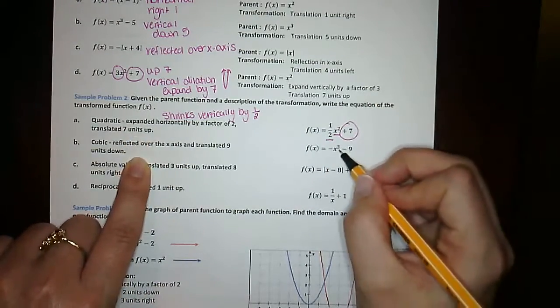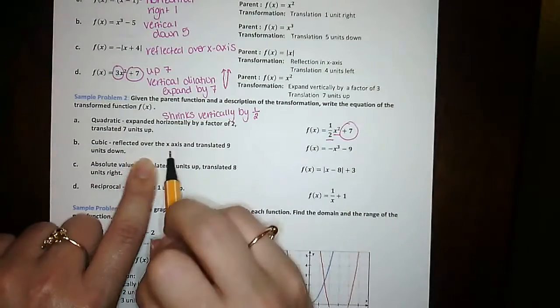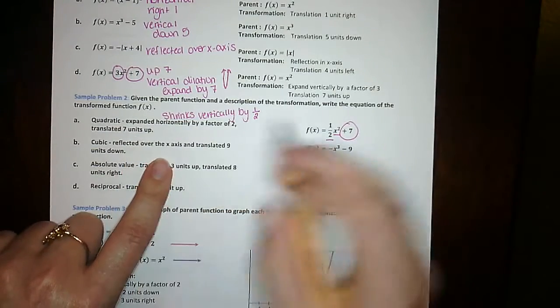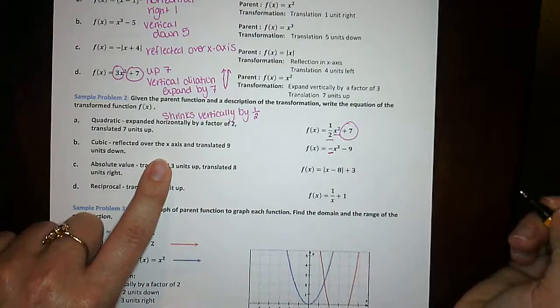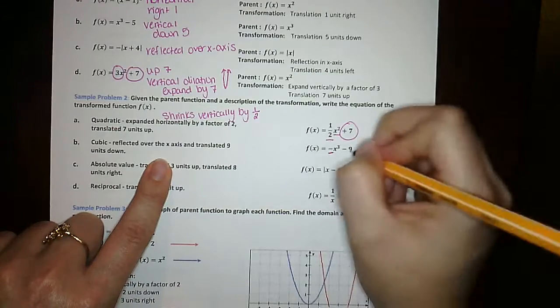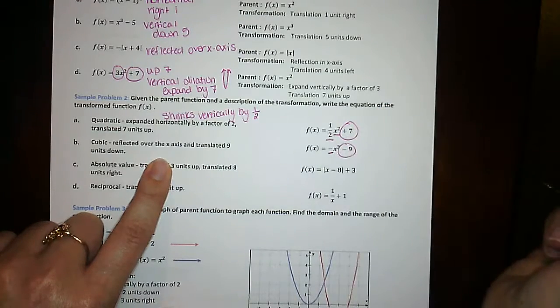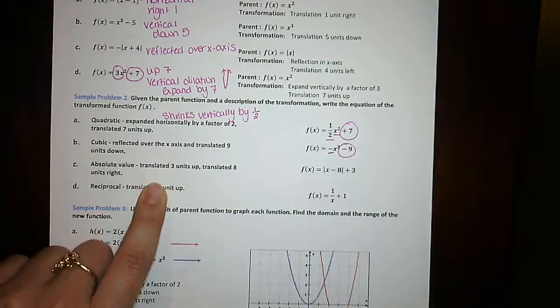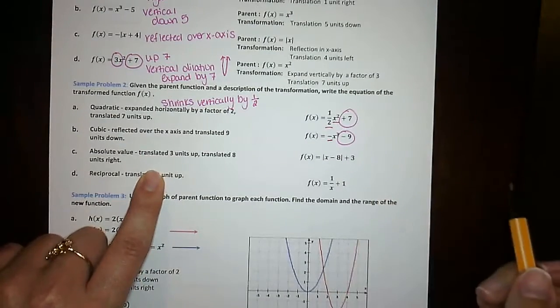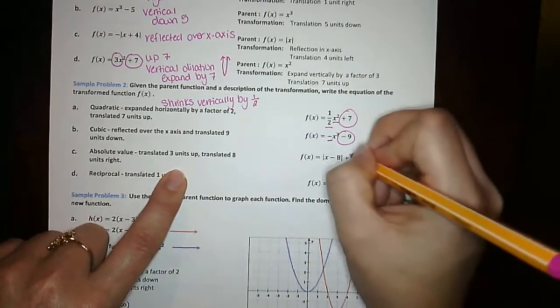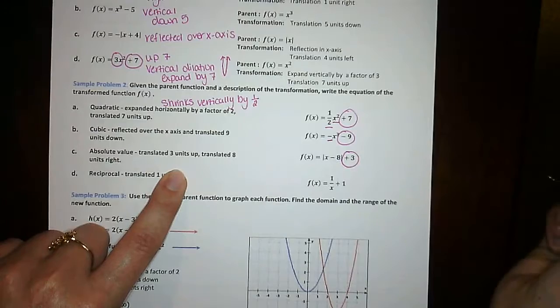This is a cubic function, so raised to the 3rd power. It's reflected over the x-axis. Reflection always goes at the very beginning. And it's translated 9 units down, which again goes at the end. Absolute value, here's our signs. It's translated 3 units up. Again, up and down is always at the end.